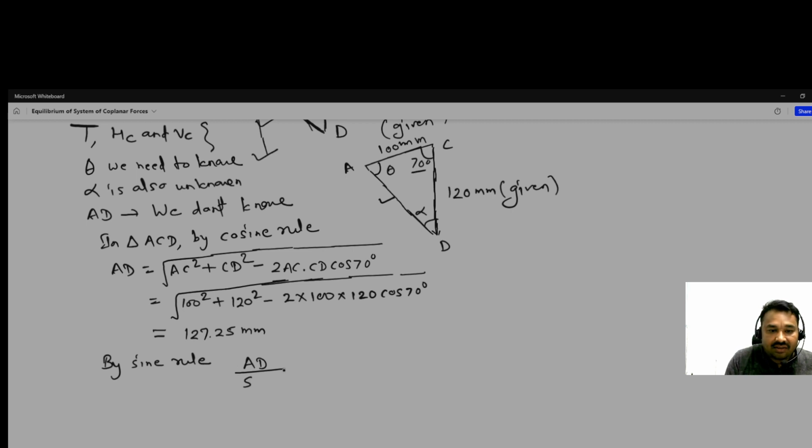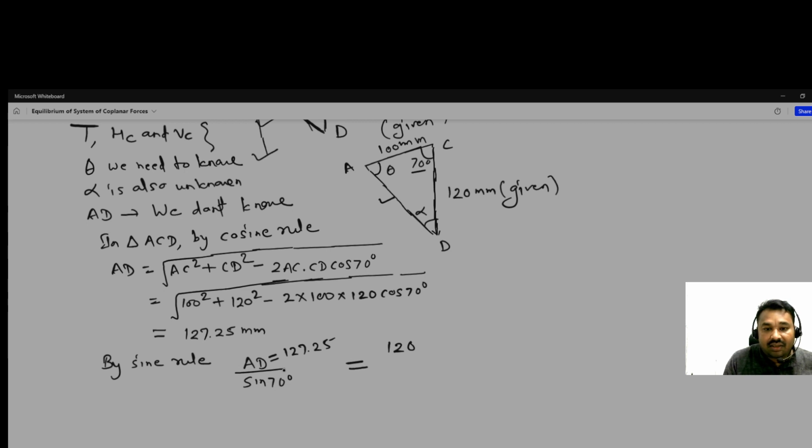So sine 70 degree, and let us put the value 127.25 is equal to, opposite of theta CD, and CD is equal to 120 mm.